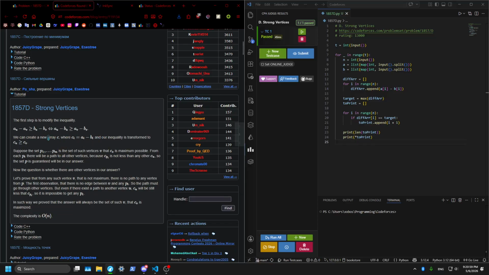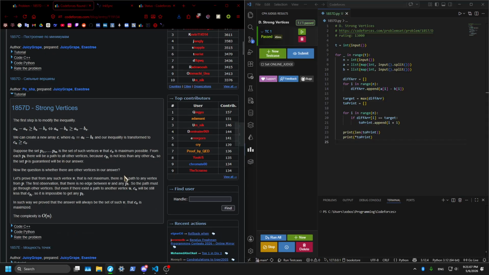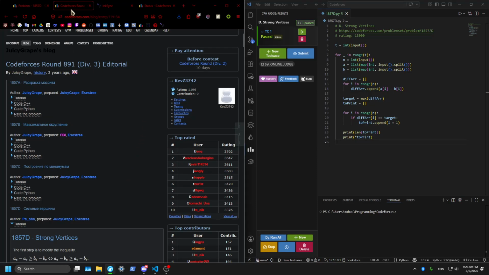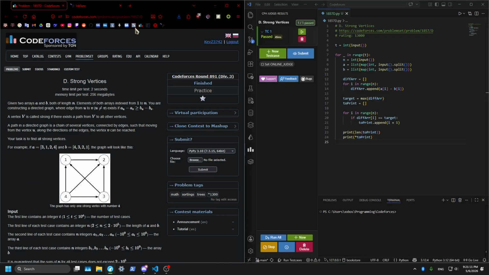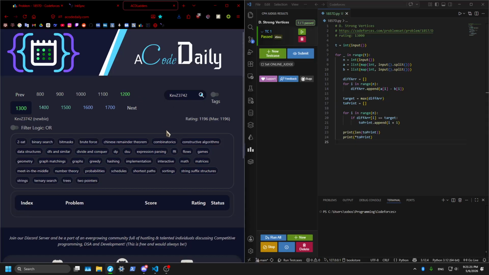But yeah, their answer is pretty much the same, or their reasoning is pretty much the same as mine. So, great. 1300 solved. Problem of the day solved. Let's do another.